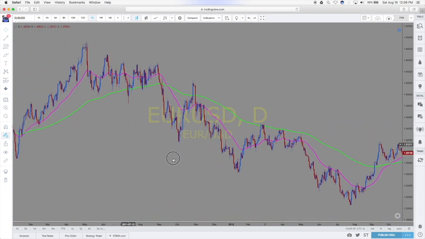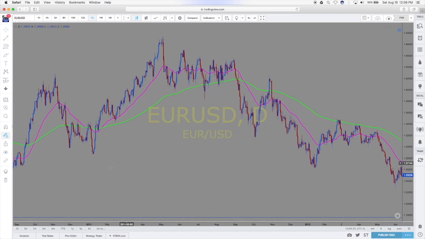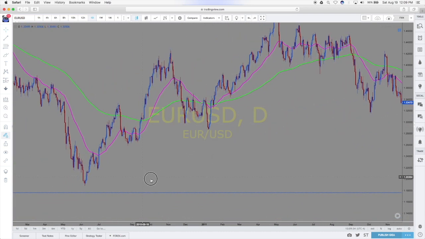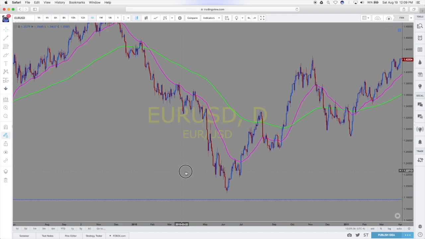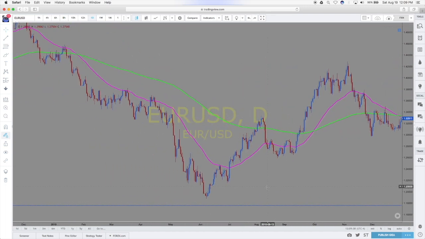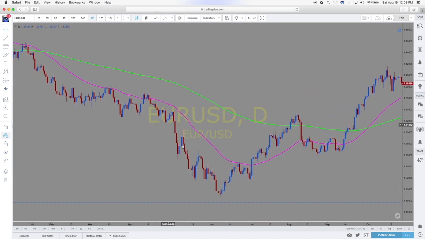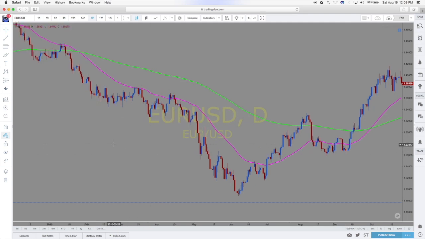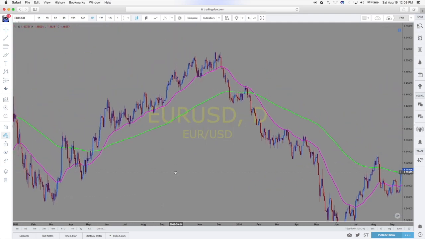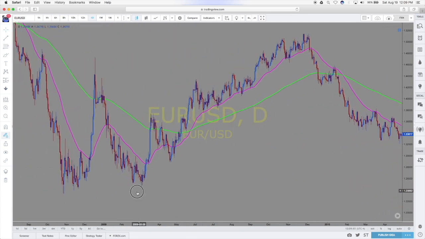Let me see if I can find you some double tops or double bottoms. Here is another inverse head and shoulders. So you can see that there's a lot of those patterns here in the market.